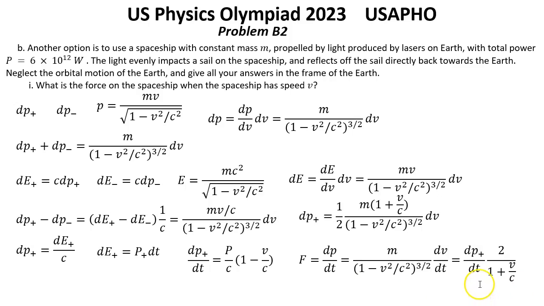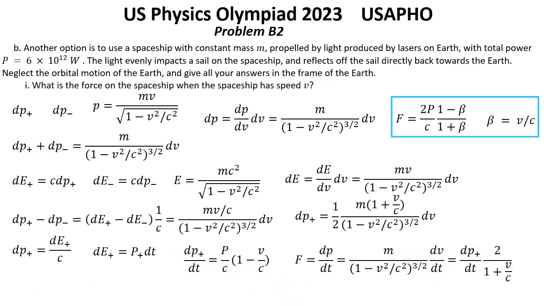With delta p plus over delta t equal to this one, finally force equals 2P over c multiplied by (1 minus beta) over (1 plus beta), where beta is the regular expression v over c. That was the solution for the first question in part B.